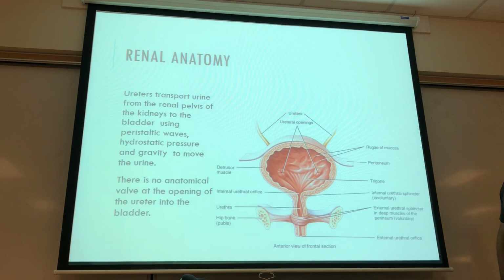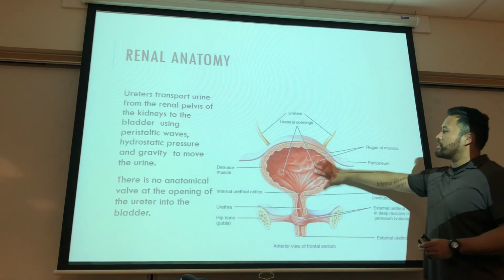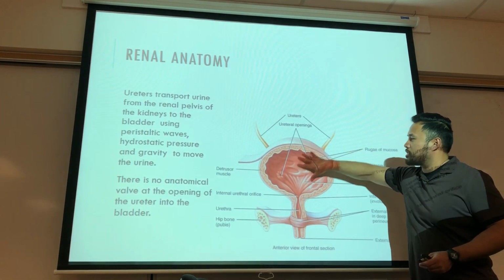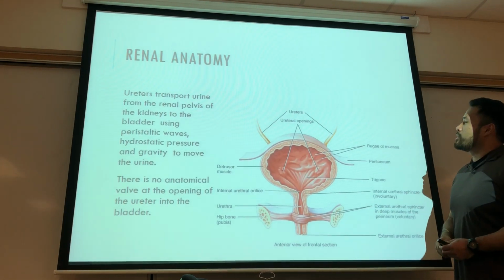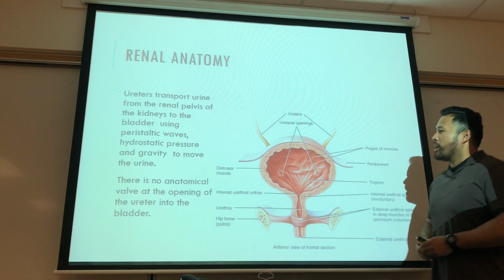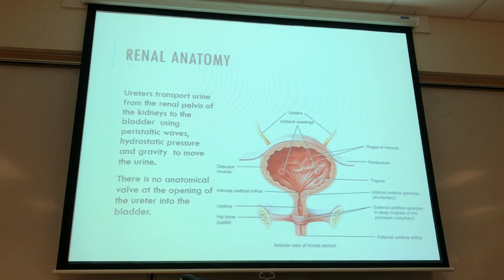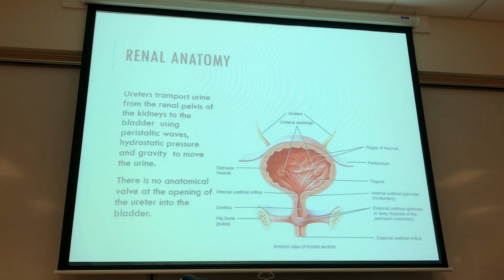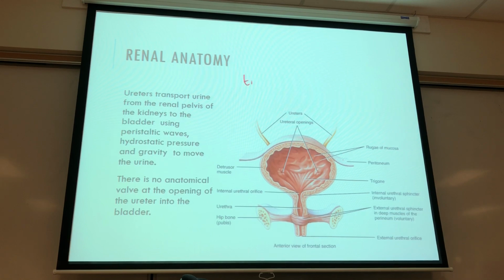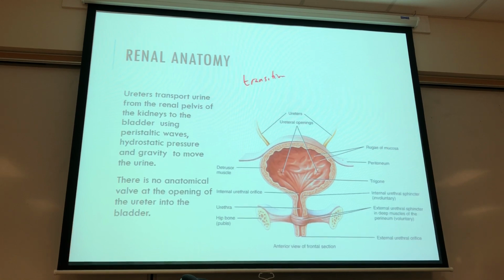Within the bladder, we'll see that it will start to fill up as the kidneys dump in this concentrated urine. And we do have transitional epithelium, which we discussed in our tissue lecture.